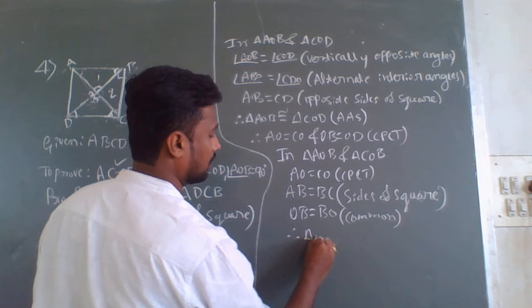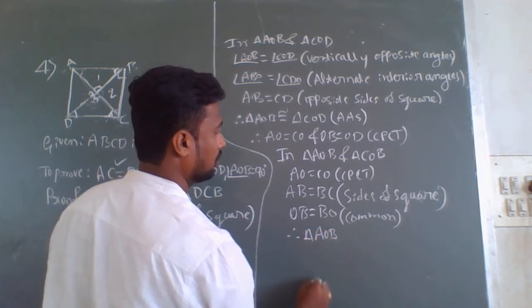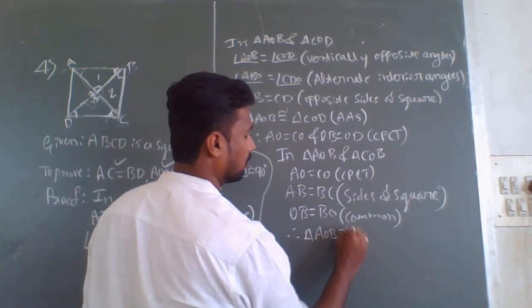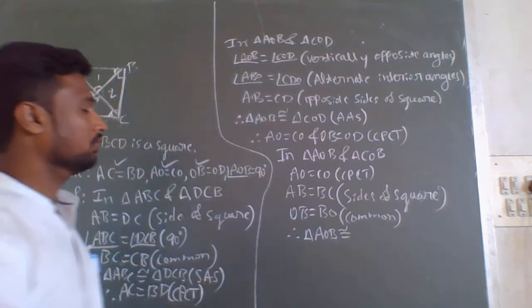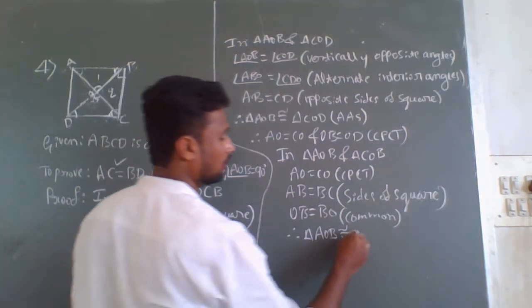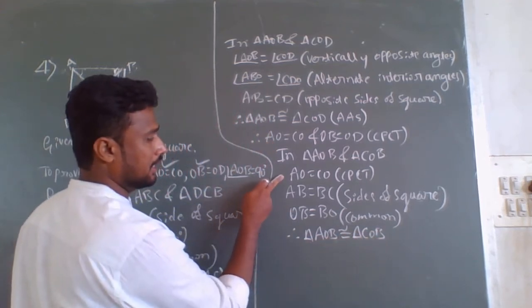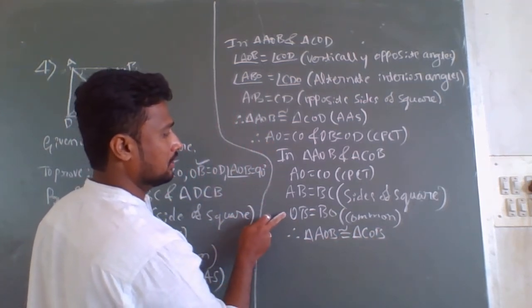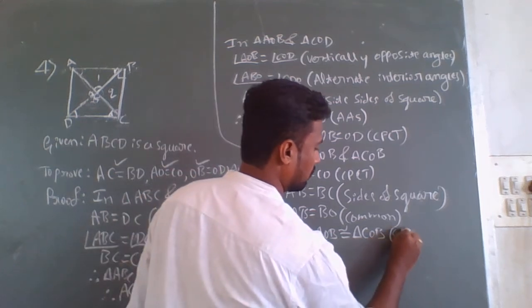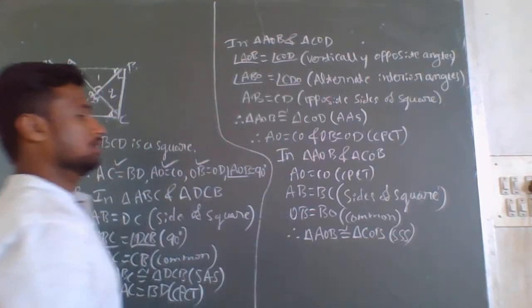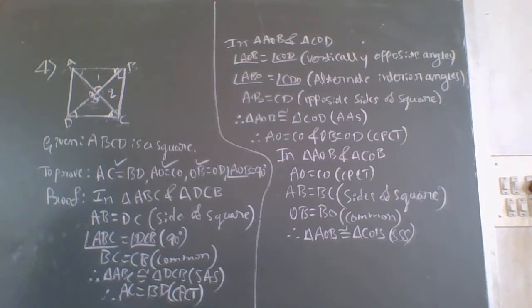Triangle AOB is congruent to triangle COB by SSS, by side. These three are sides. Therefore, by side, these two triangles are congruent to each other.